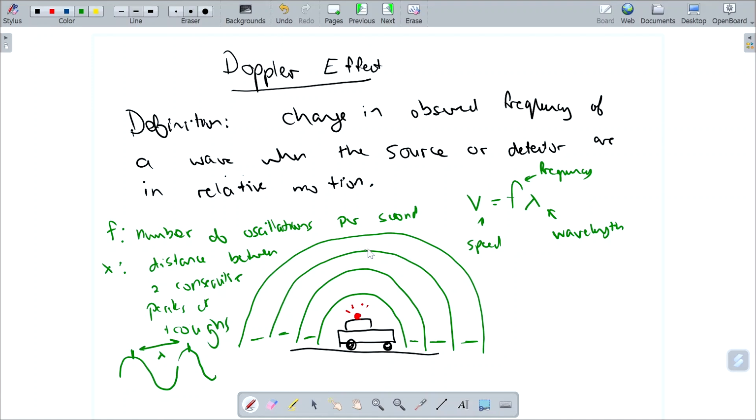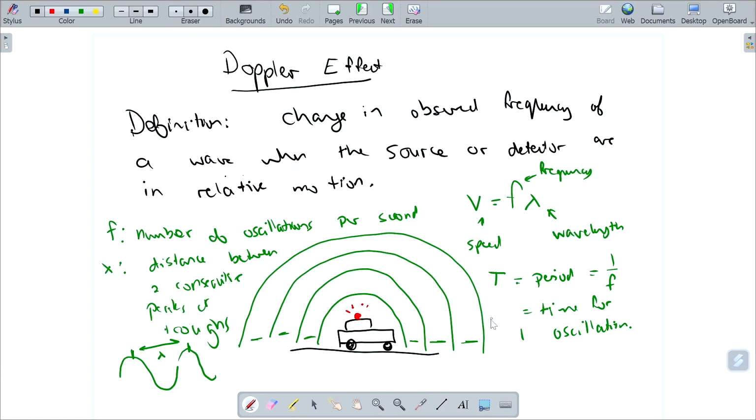The other concept that we are interested in understanding is that of the period. T is the period, which is 1 over the frequency, and that is the time for one oscillation. These are all very important concepts, and we will use them in our discussion of the Doppler effect.